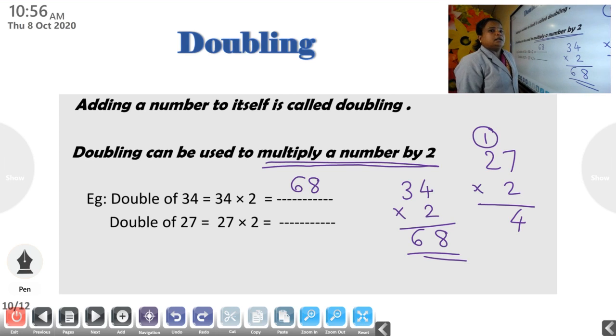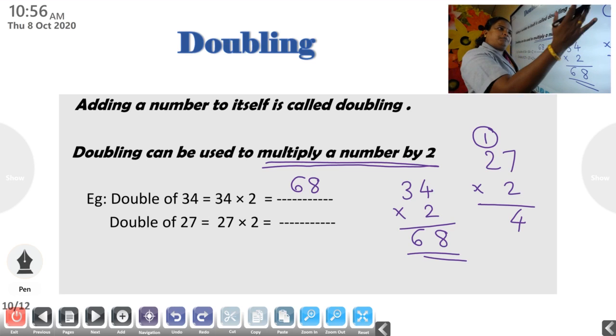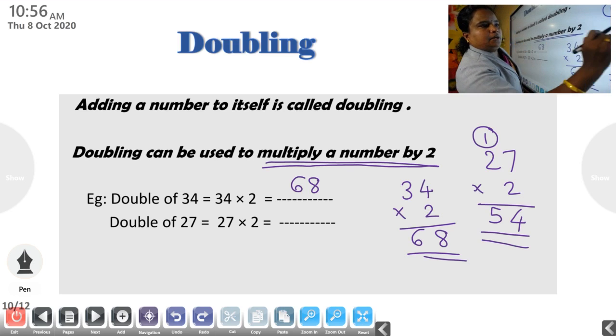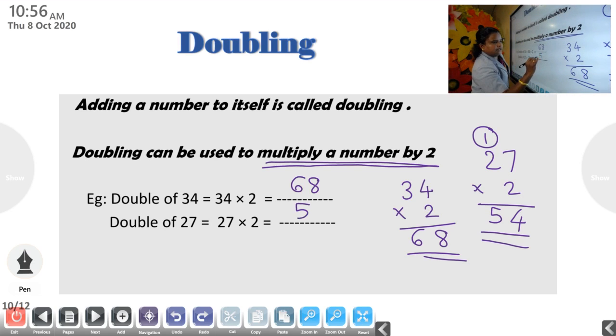Then what is the next step? Yeah, multiply the tens place by 2. 2 twos are 4. 4 plus 1 is 5. Then double of 27 is equal to 54.